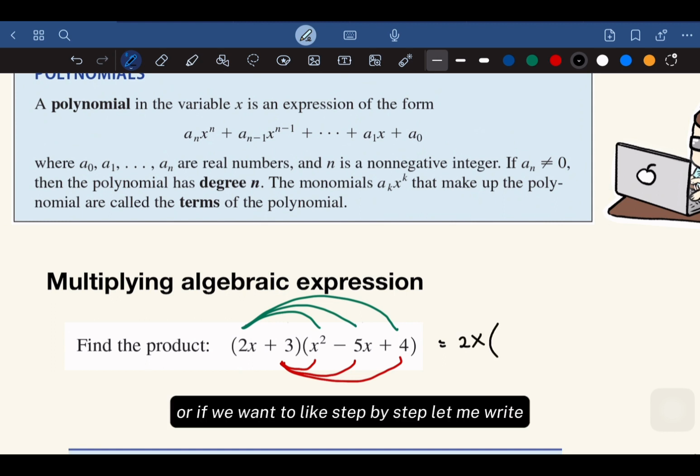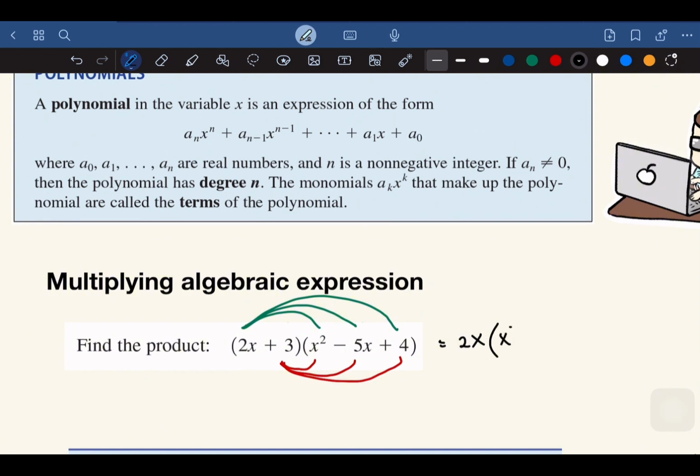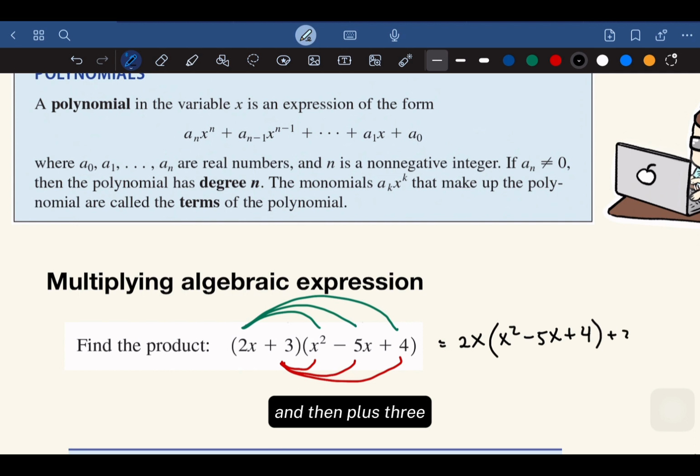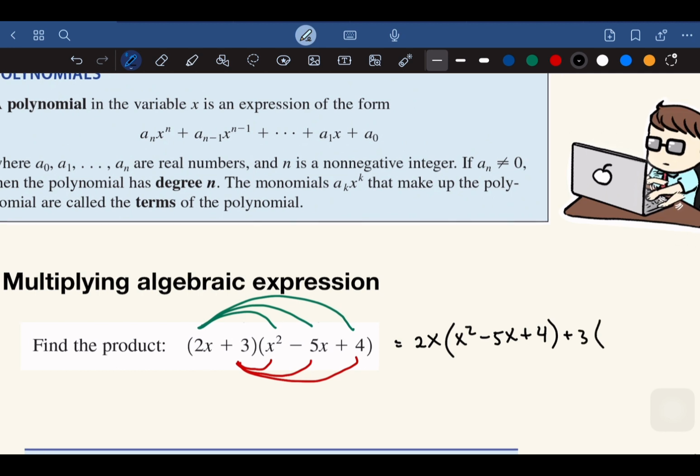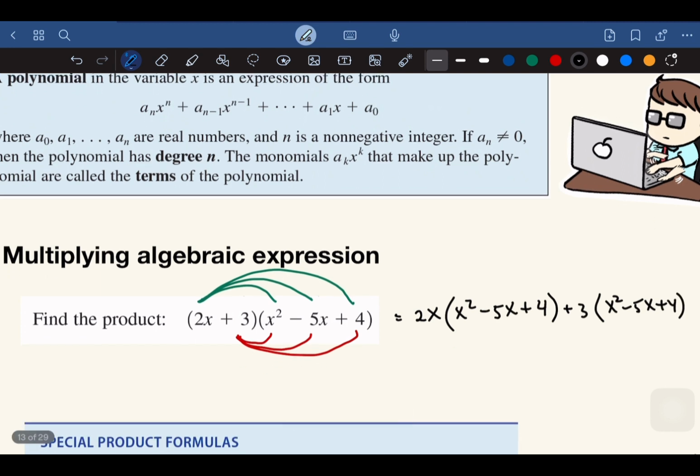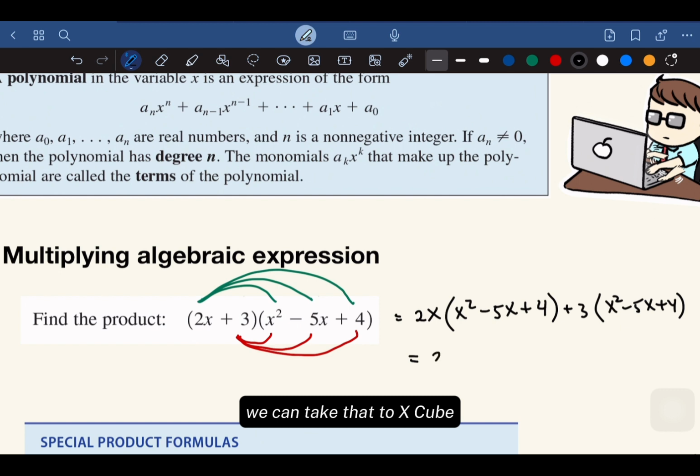Or if we want to go step by step, let me write the whole thing here. And then plus 3. Okay. And then we can take that to x cubed.